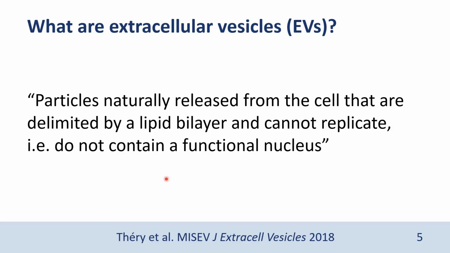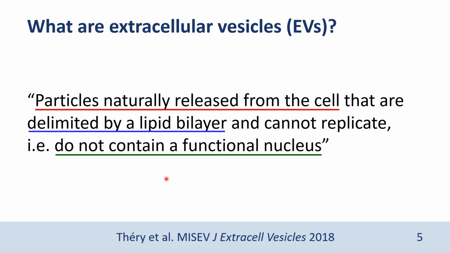For detecting and characterizing EVs, this means that these aspects we need to measure. We need to ensure, or make it at least very likely, that particles are naturally released from the cell. We need to make sure that the particles we measure are delimited by a lipid bilayer. And we need to make sure that these particles do not contain a functional nucleus.